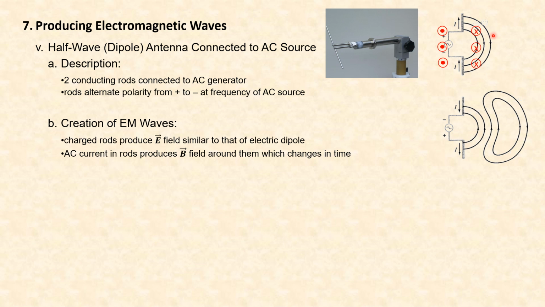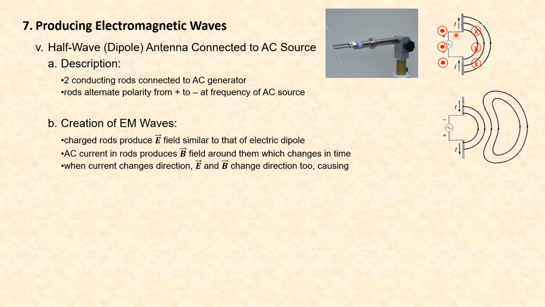If you use your right hand rule, placing the thumb of your right hand in the direction of the conventional current, you will see that on the right hand side of the rod, the magnetic field is directed into the plane of the screen, whereas on the left hand side of the rod, the magnetic field lines would be coming out of the screen. Of course I can't show you these closed continuous loops, but magnetic field lines always encircle their sources, forming closed loops. So when the current changes direction, the electric and magnetic field lines change direction too.